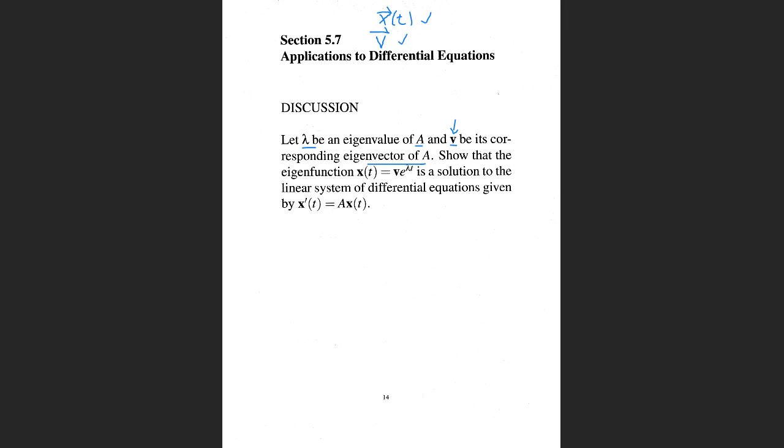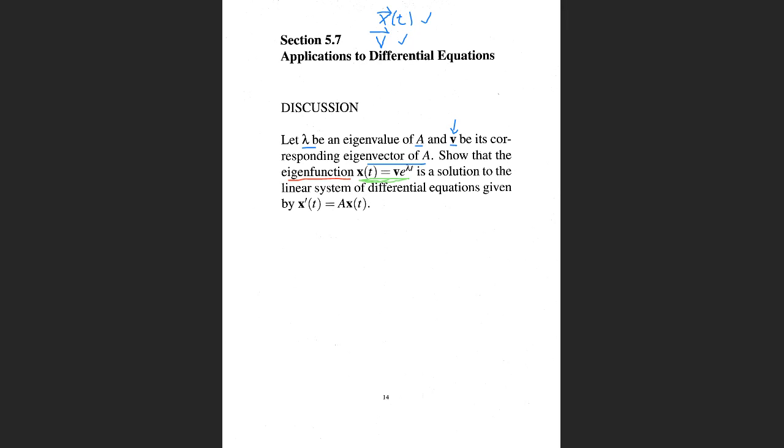It turns out that something called the eigenfunction will be a solution. The eigenfunction is given by x of t equals the eigenvector v times the function e to the lambda t.